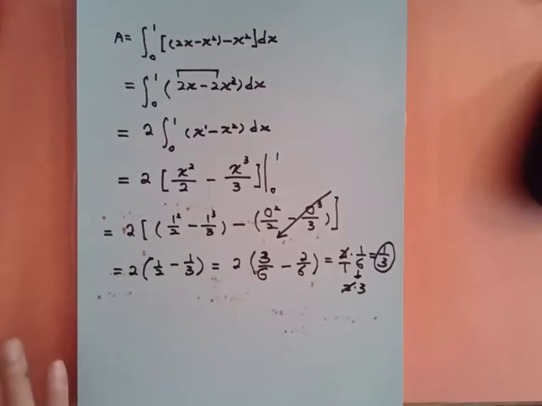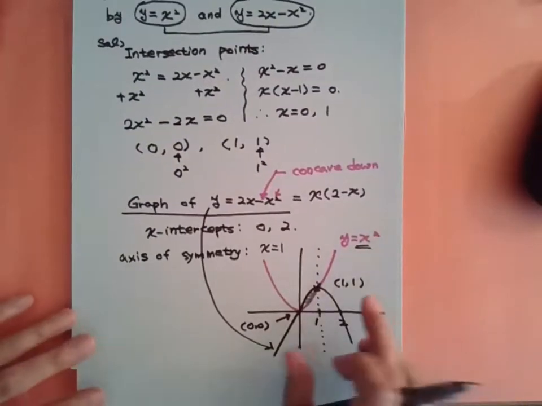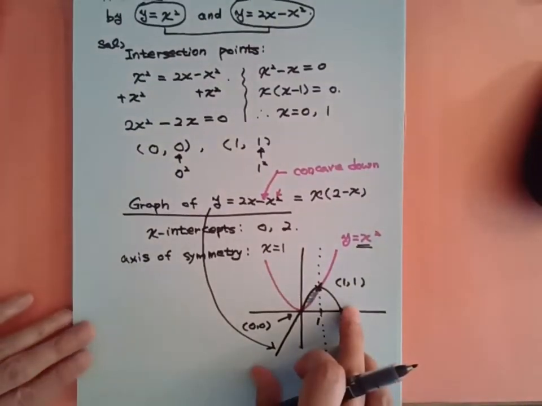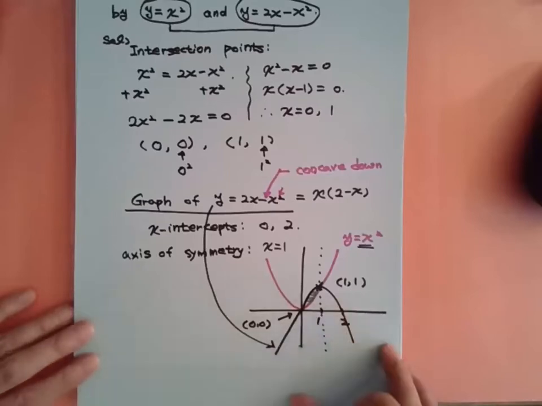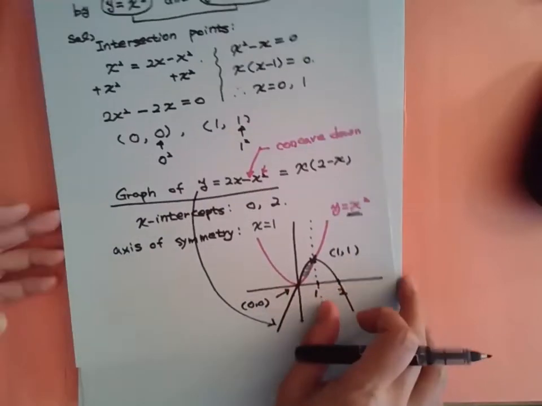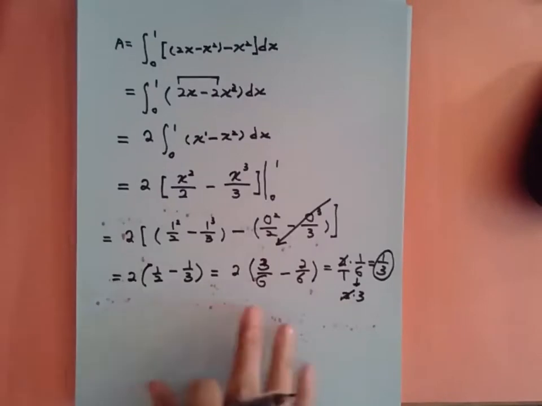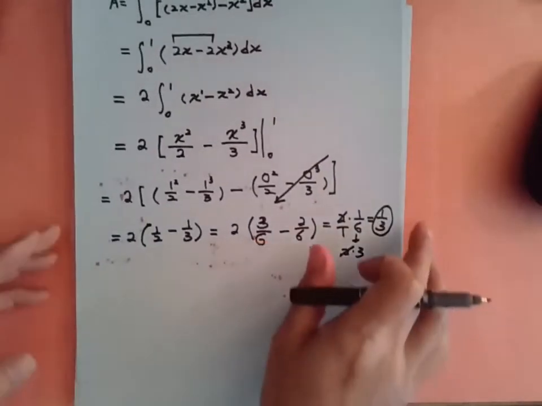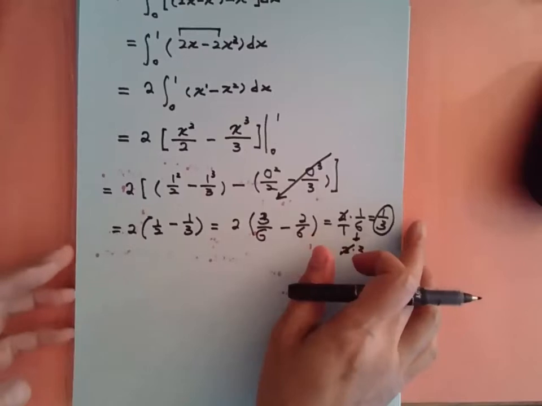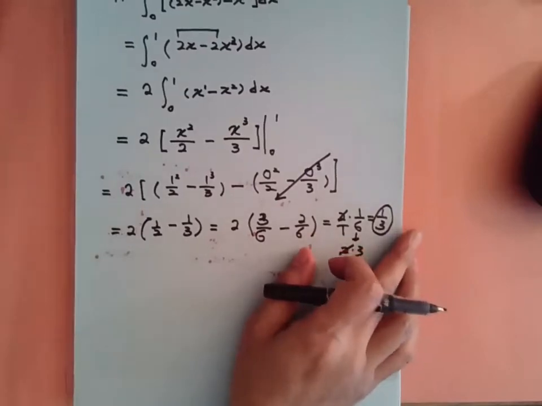In this question, what we did was we visualized the graphical shape, and by looking at the graph, we determined which one is larger in the enclosed region. However, when we think about the area, the premise is that area is always positive.